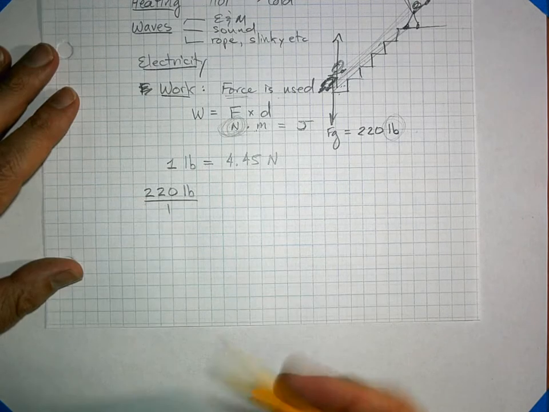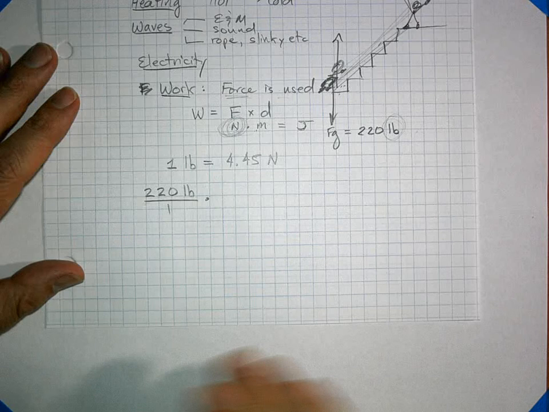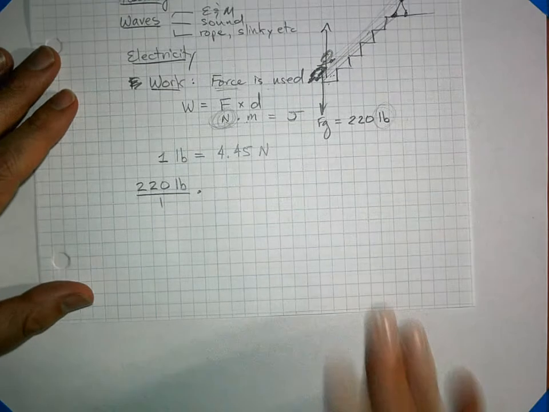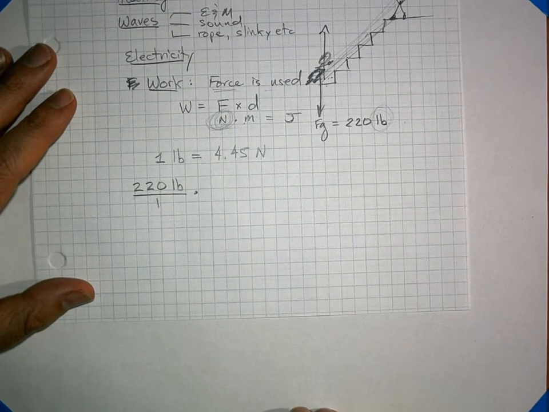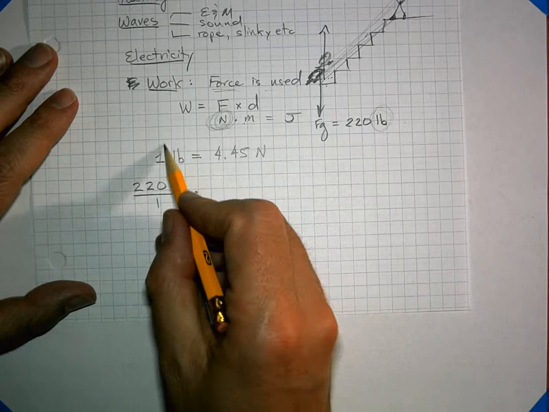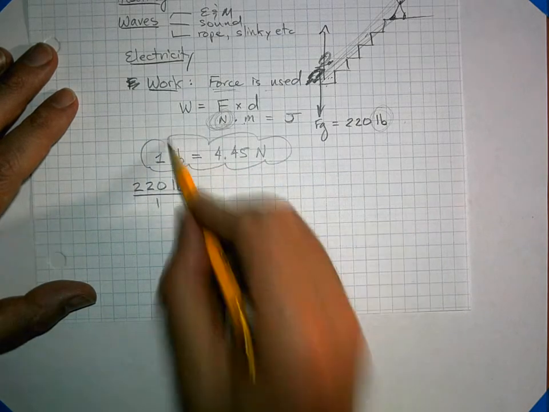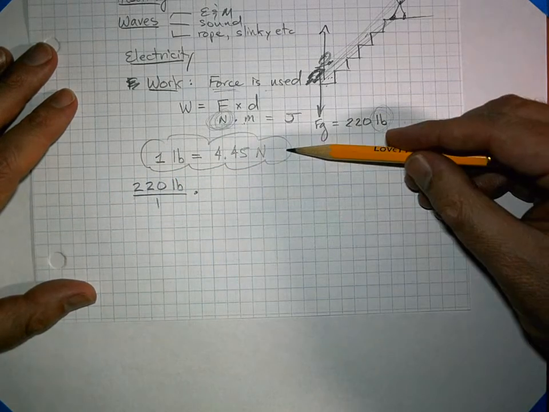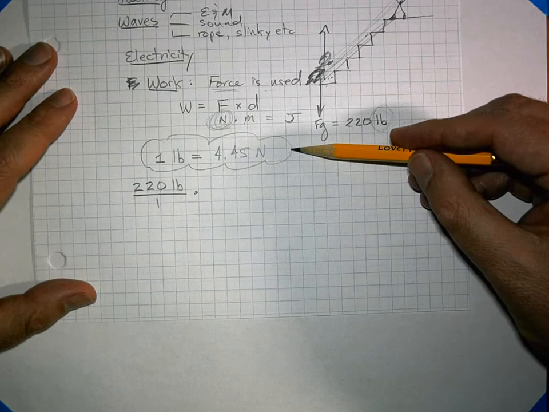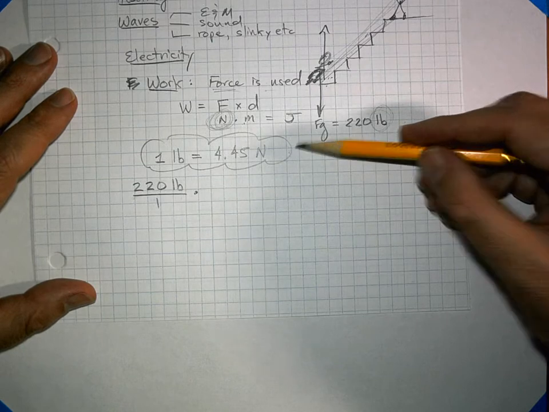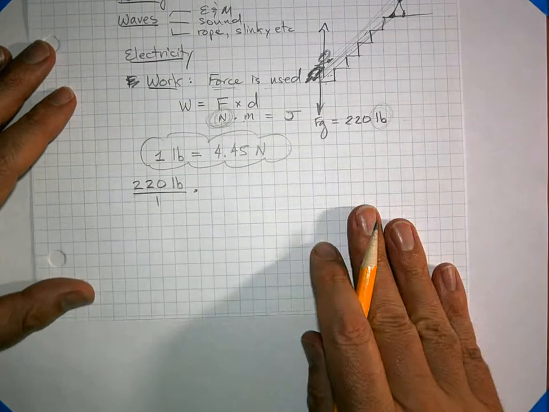Okay, well, here's the thing, and this is a kind of an abstract idea, but it's a very useful idea. I'm going to use this conversion factor and treat it like a fraction. Okay, watch this.